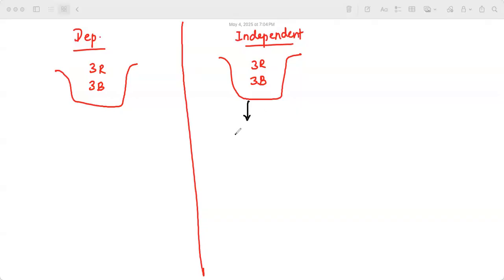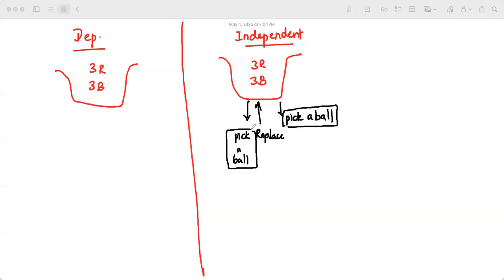Now, see, this is what I'm going to do. I'm going to pick a ball, replace, pick a ball. When you pick the ball the second time, is the status of the bag exactly the same as the first pick?